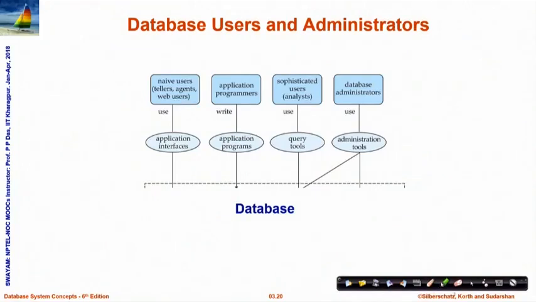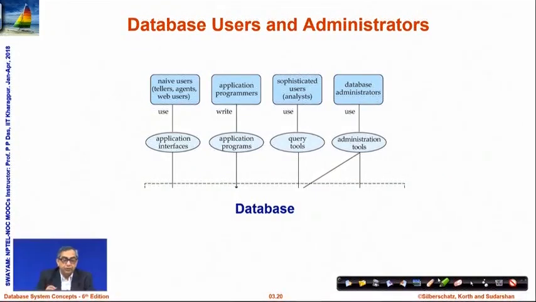Now, we move on, and we will just have a quick look at who are the typical users of a database system. Grossly, the users of a database system can be grouped, you can group them in multiple different ways, but this is a typical way. You have the naive users, like the secretarial staff who sit at the teller of the bank.